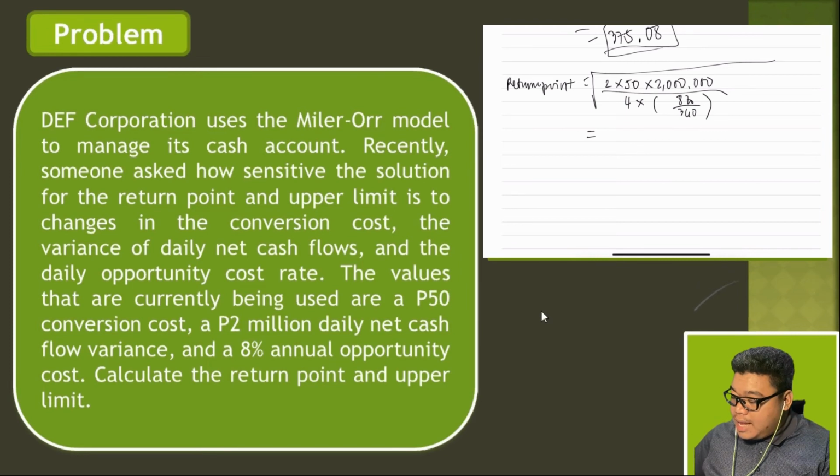To compute for that, we have 8% divided by 360, then multiplied by 4. We save that amount in our calculator, and we have 2 times 50 multiplied by 2 million, then divided by the amount earlier.